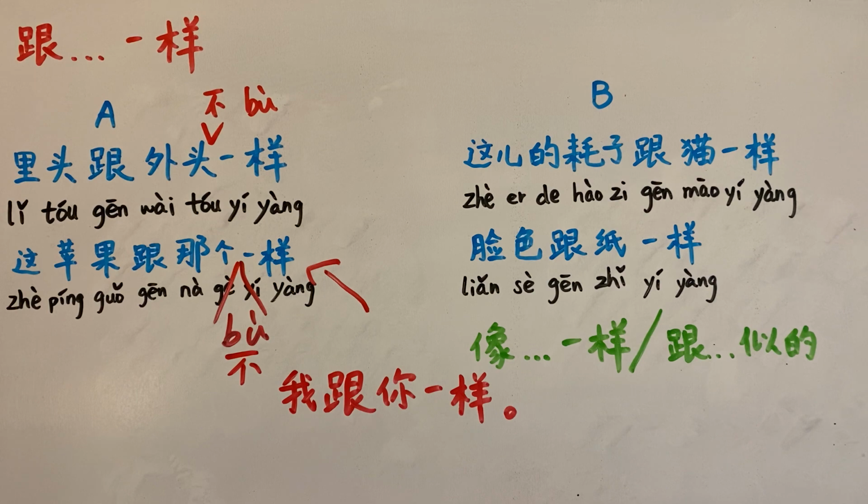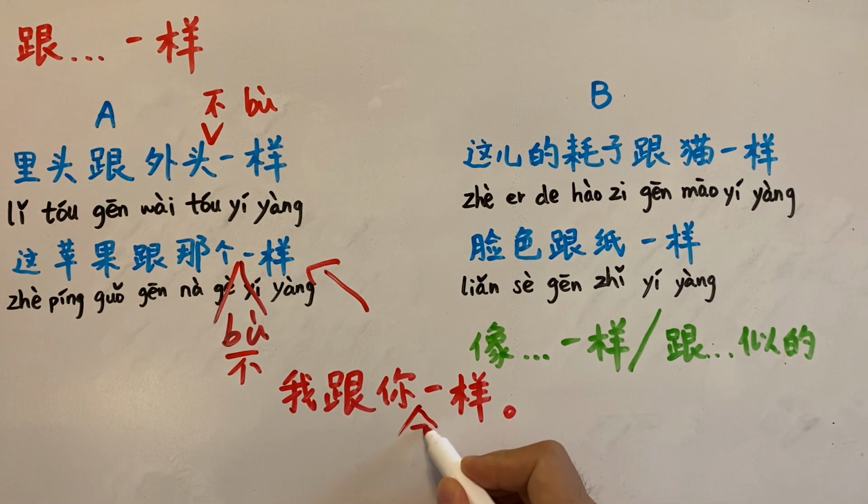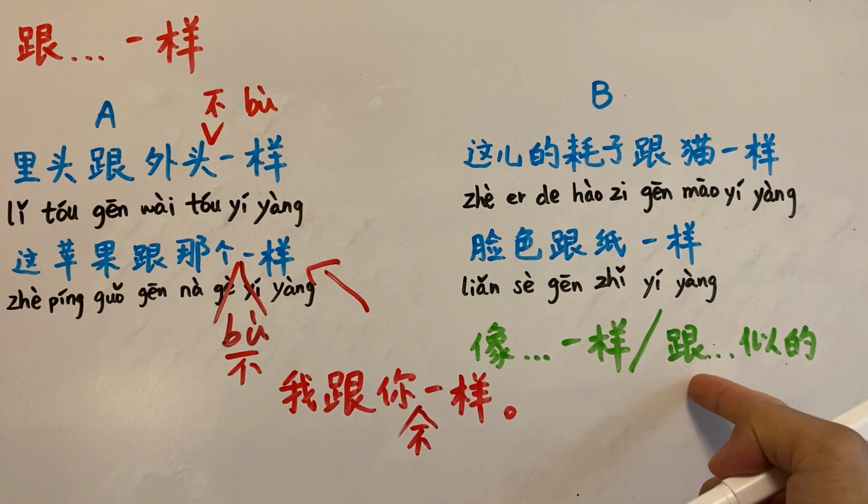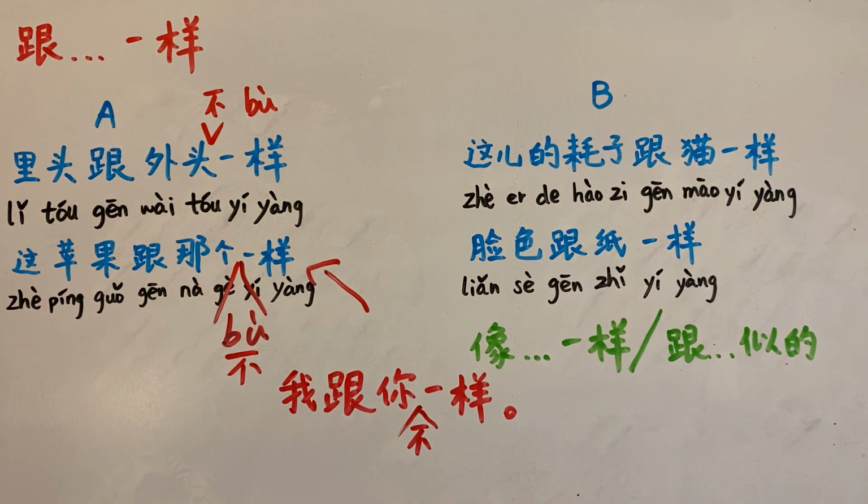It's just comparison, maybe the height, the weight, the color of the skin. 我跟你一样 or 我跟你不一样, I'm not the same as you, right? Or if you want to make a sentence which belongs to group B, you can say 她笑得跟花儿一样.